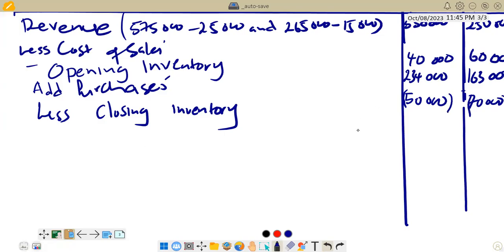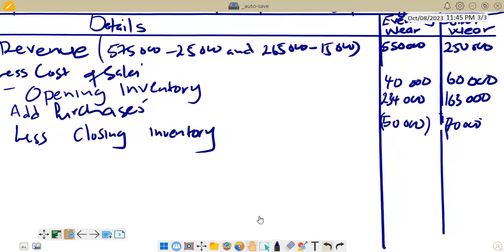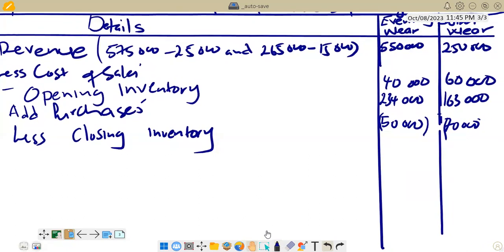Right. Having done that, now we calculate these figures so that we find the cost of sales figure. So we add 40,000 plus 234,000. We subtract 50,000 there.